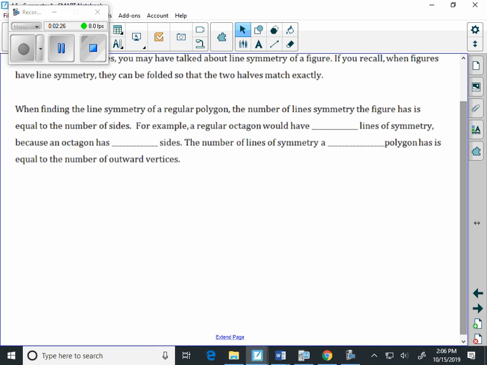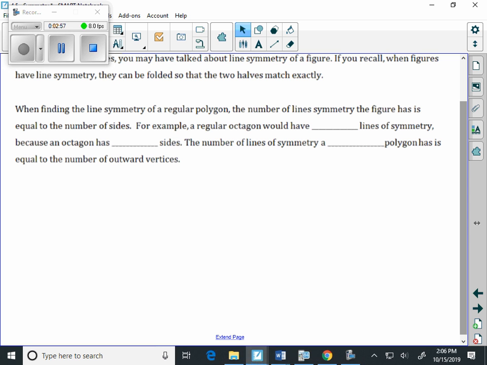When finding the line symmetry of a regular polygon, the number of lines of symmetry the figure has is equal to the number of sides. So I kind of went too fast on that. In a regular polygon, it will have line symmetry, and the number of lines of symmetry in the polygon is the same number as the number of sides in the polygon.